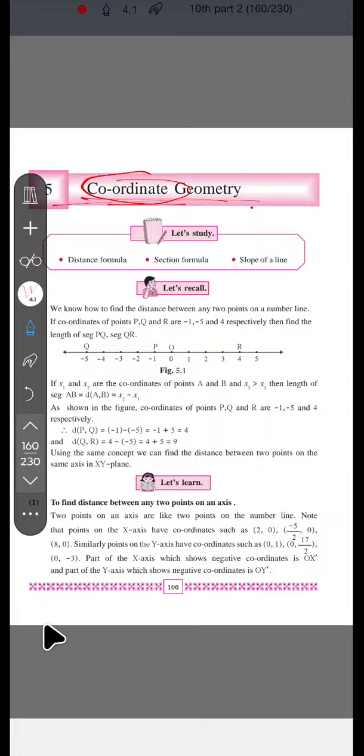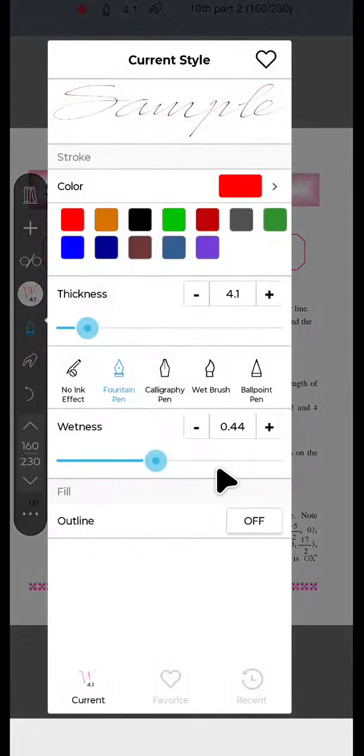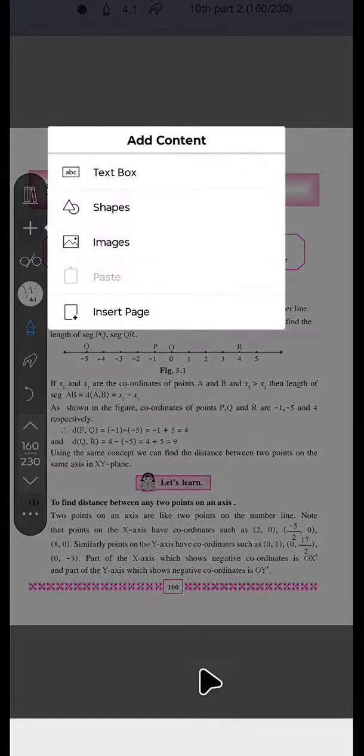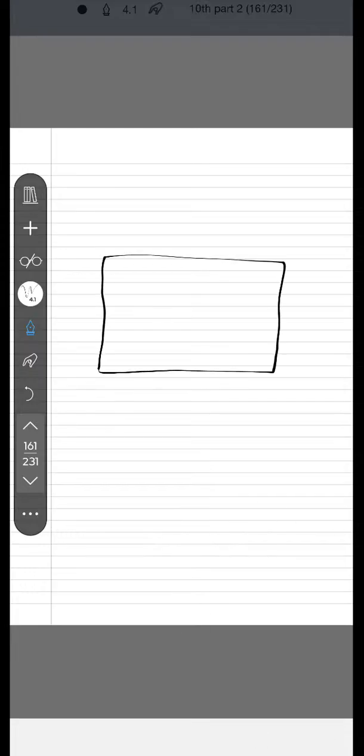What exactly is the meaning of that? If you think about it, what is a coordinate? Let me insert a new page. If you observe here, there is a room, and in that room a specific person is standing here.